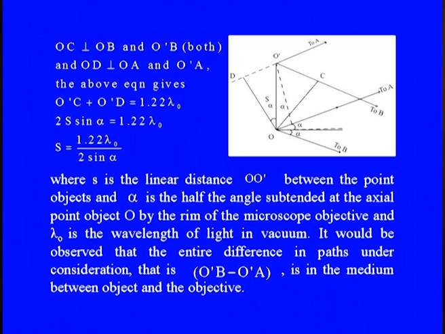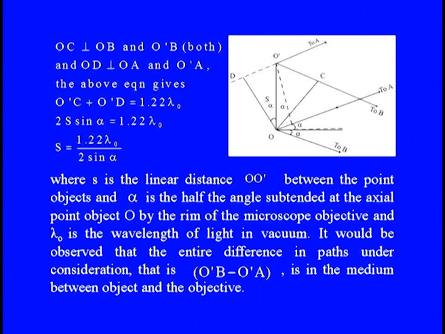Therefore, drawing the line OC perpendicular to both OB and O prime B, and OD perpendicular to both OA and O prime A, the above equation gives O prime C plus O prime D equal to 1.22 lambda.